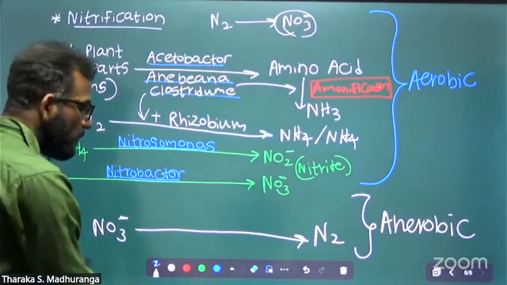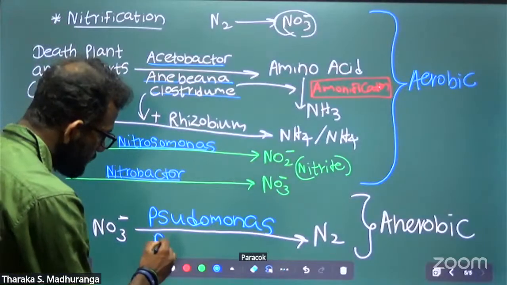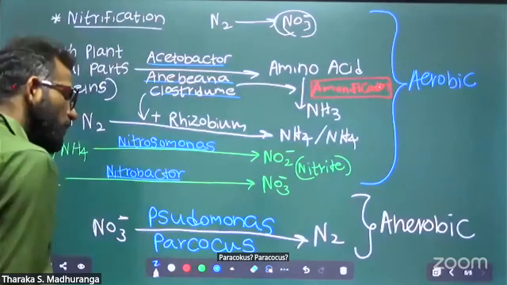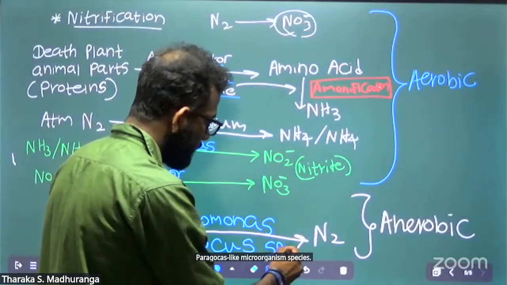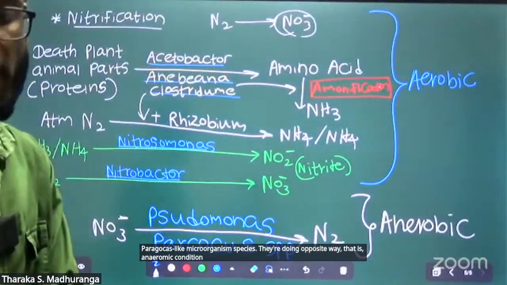Write down examples: Pseudomonas, Paracoccus, like microorganism species that do the opposite way, that is in anaerobic condition, that is the denitrification.